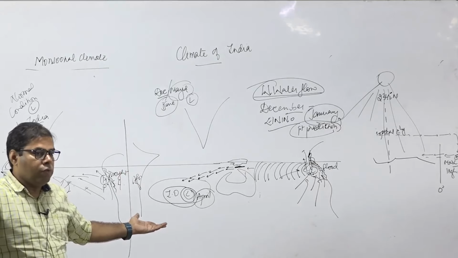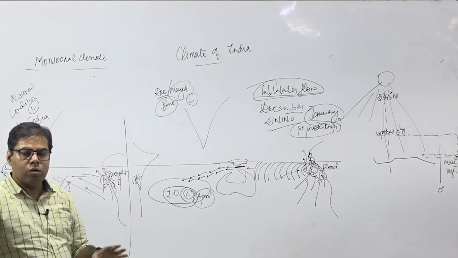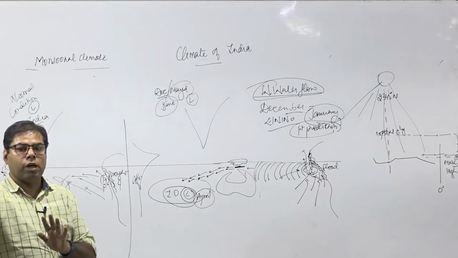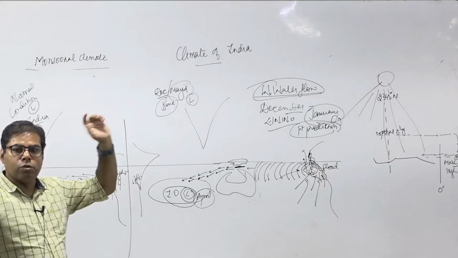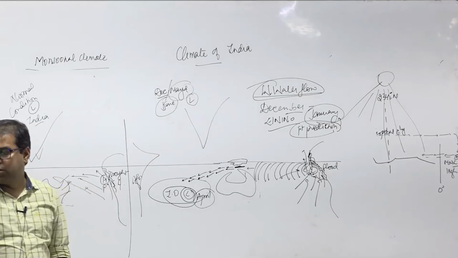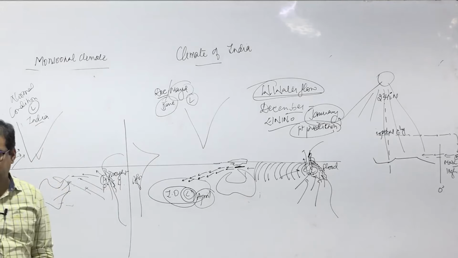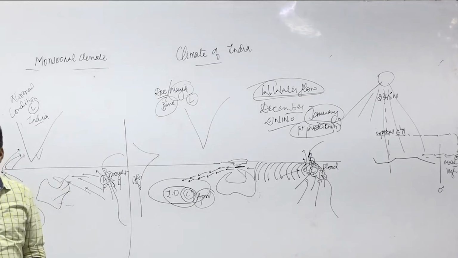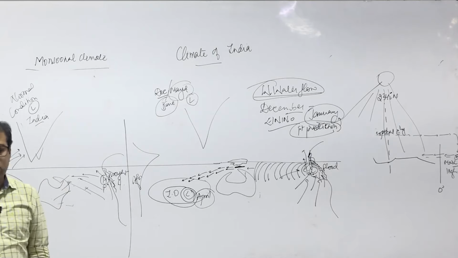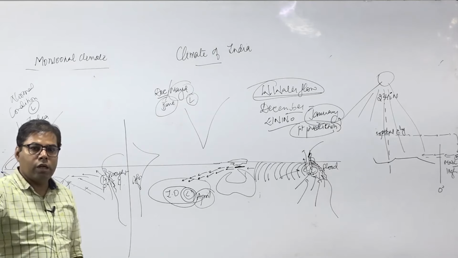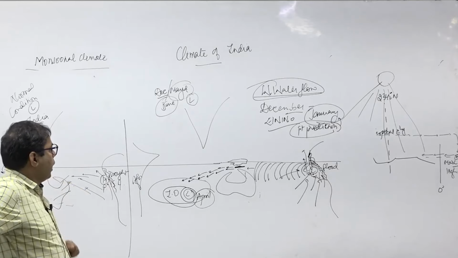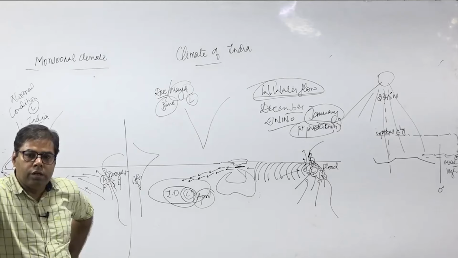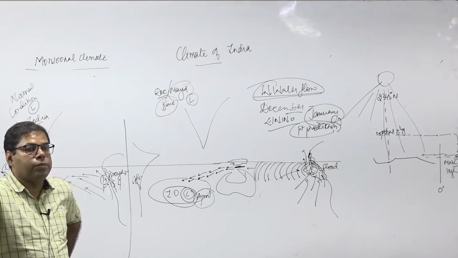Clear or not? When the pressure has been maintained low and the temperature has been maintained high, there will be an effect of delay on the monsoon. So the monsoon will become weak or not? Tell me quickly, will the monsoon be weak or not? So the impact of El Nino on the Indian monsoon is always adverse.